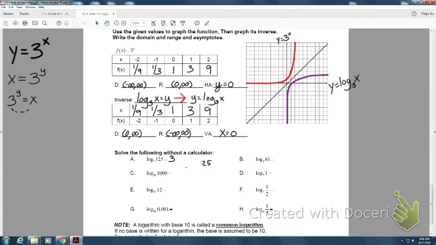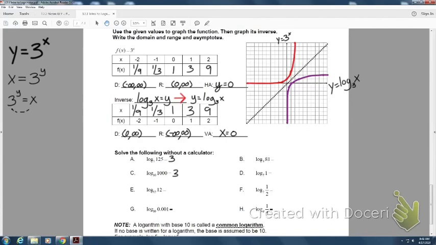10 to the power of what equals 1,000? 3. Because 10 squared is 100, so if I multiply by 10 one more time, that's going to give me 1,000. 12 to the power of what is 12? 1.